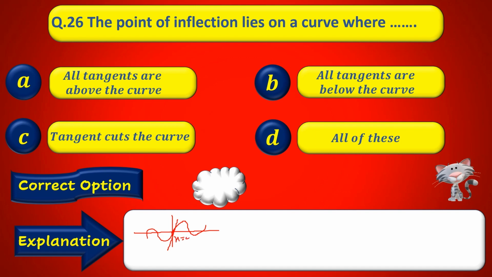At x is equal to 0, the tangent line cuts the graph of the sine function. And we know that x is equal to 0 is the point of inflection of the sine curve. Therefore, the tangents cut the curve at points of inflection. Therefore, the correct option is option C.